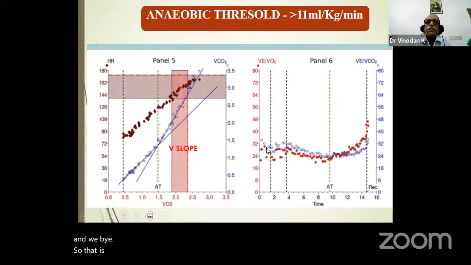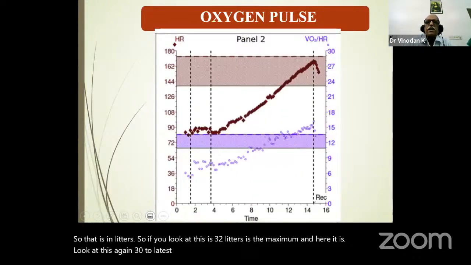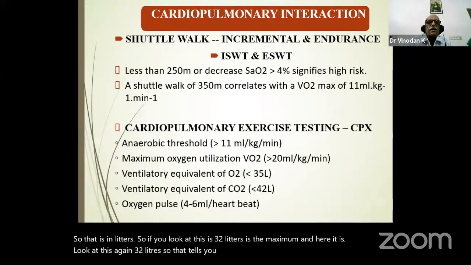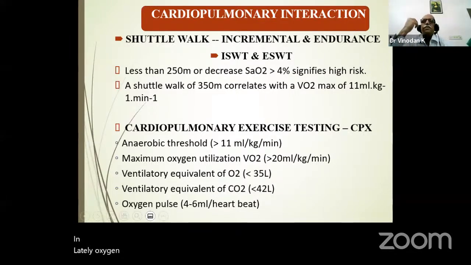If you look at this, 32 liters is the maximum, and here again it is 32 liters. So in cardiopulmonary exercise testing, the ventilatory equivalent of oxygen and of CO2 is what is given by the CPET.